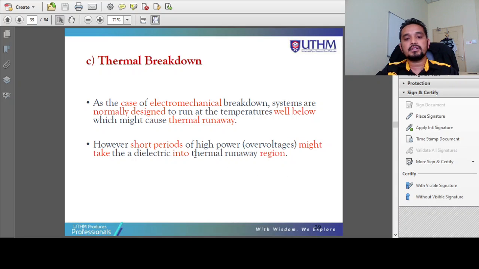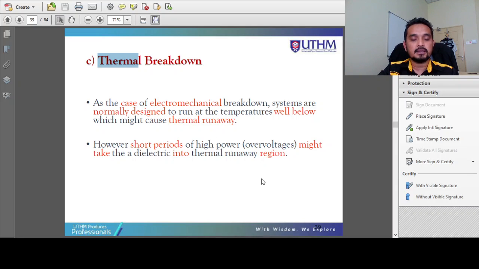This is the region where the solid dielectric material can start to break down due to thermal effects. Thermal means heat, meaning the properties of the material become destroyed.